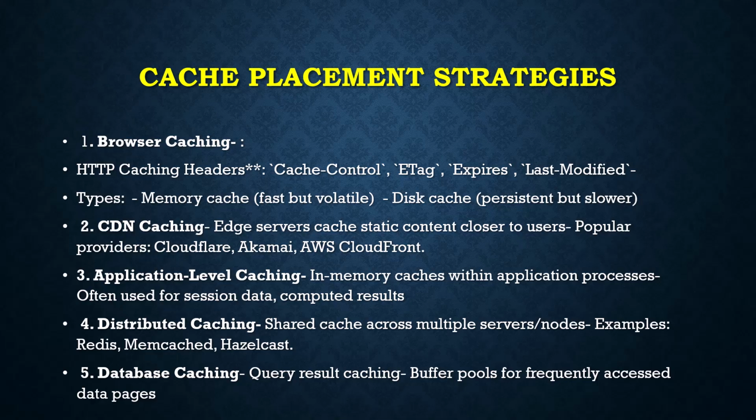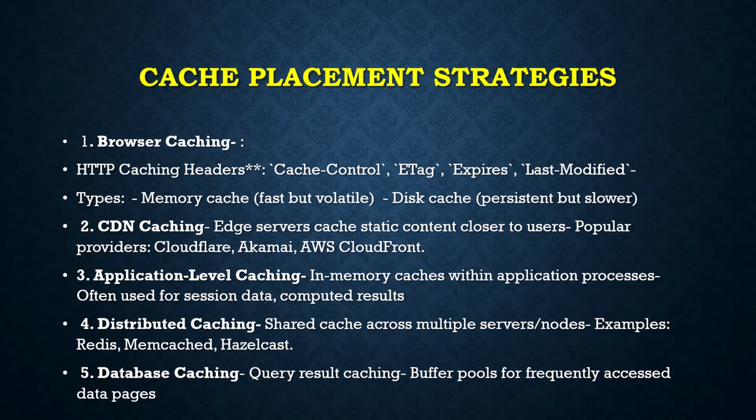So it's storing your cache on edge servers that are closer to users, or popular providers. And it simply helps your website load faster globally. Yeah, it helps your website load very fast.